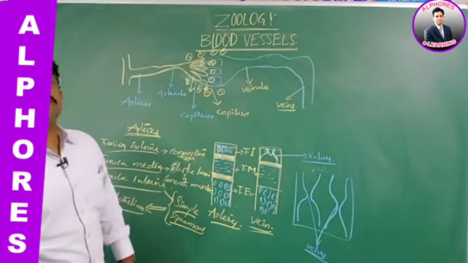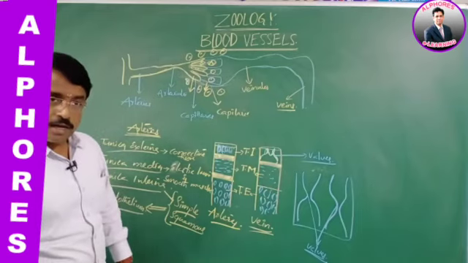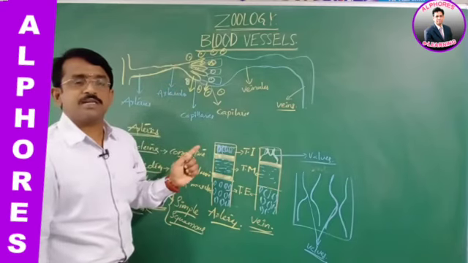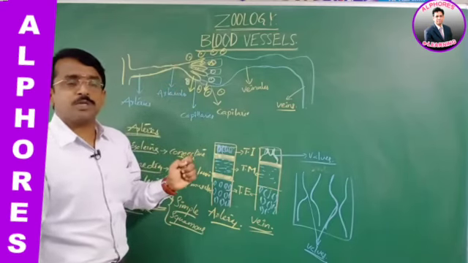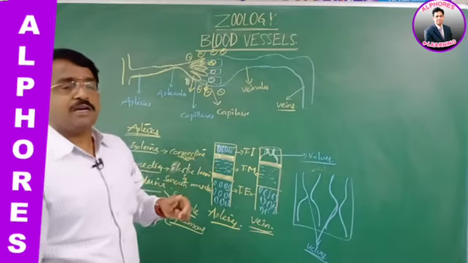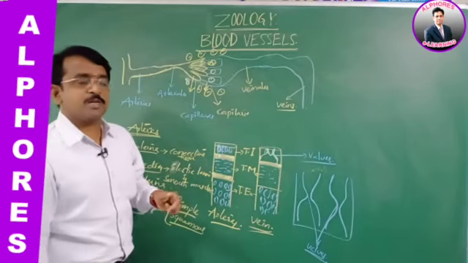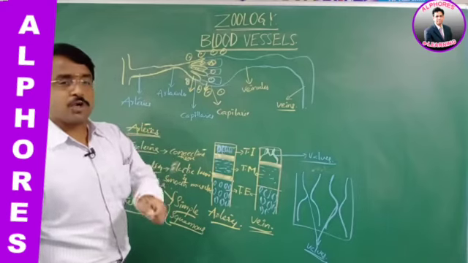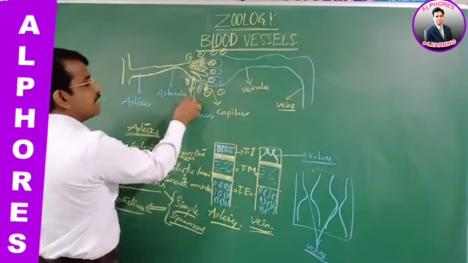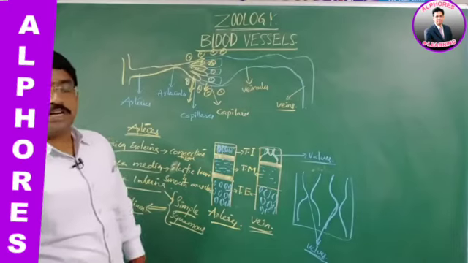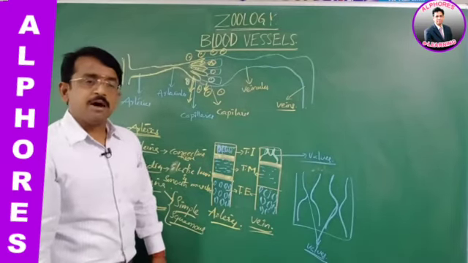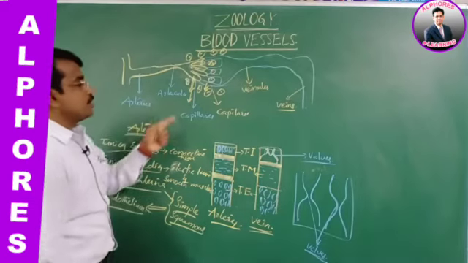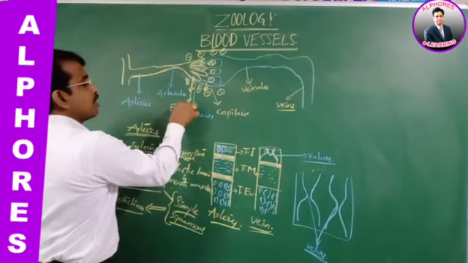Recall your memory: as the diameter progressively decreases at the tissues, the hydrostatic pressure increases. This is a positive pressure which causes filtration, and this results in the diffusion of water along with the nutrients, and oxygen diffuses into the extracellular fluid.